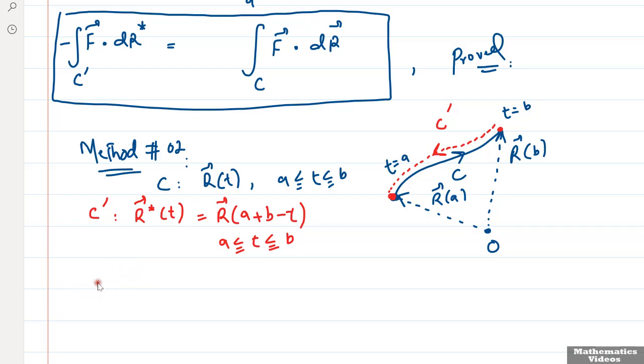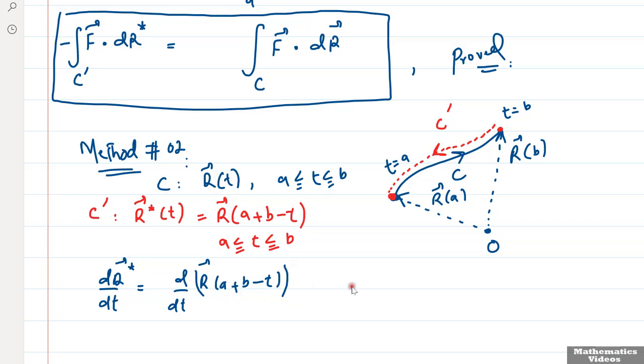Again, we need dr star by dt, and this is equal to the derivative with respect to t of r of a plus b minus t.